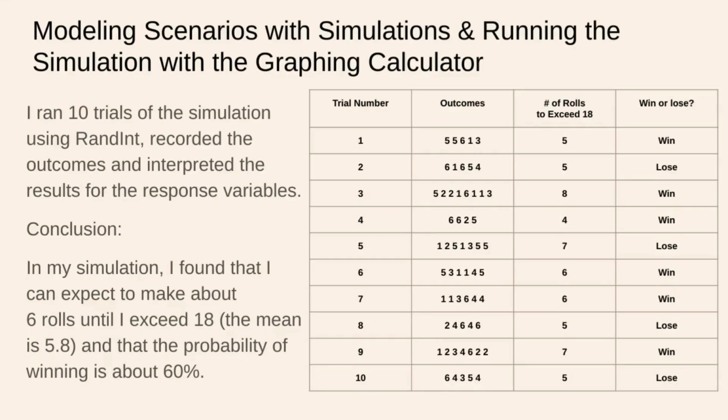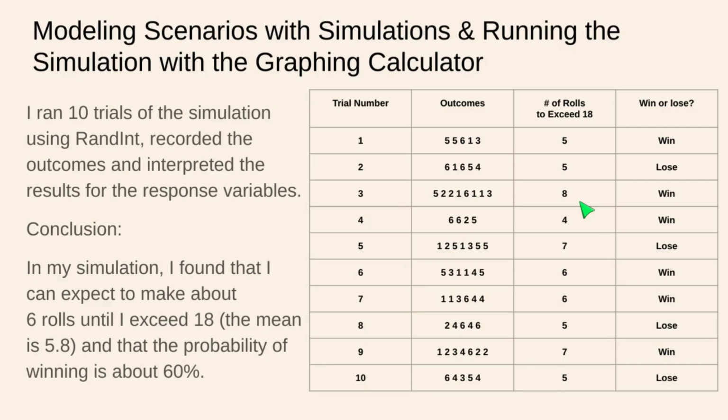So here are 10 trials that I ran. So I have trials 1 through 10, the outcomes for each trial, and I recorded the results for each response variable. And here are my recordings of what I got for number of rolls to exceed 18. It was as low as 4 rolls. That was a quick trial, and as high as 8, like I just got.